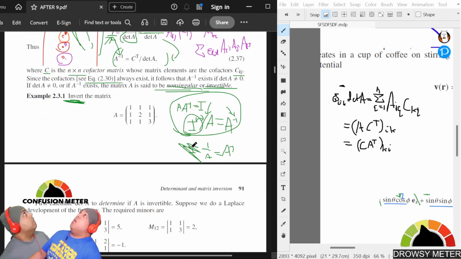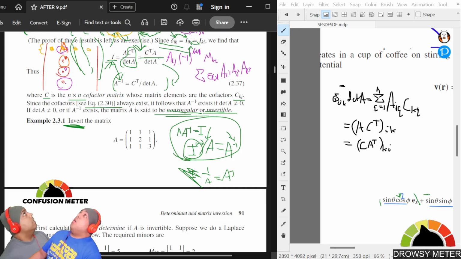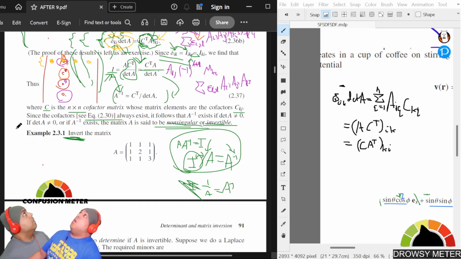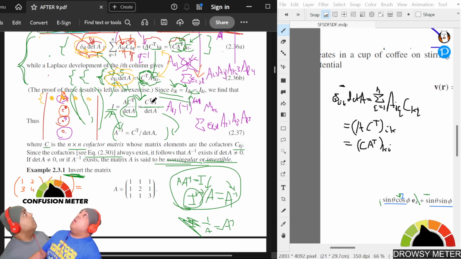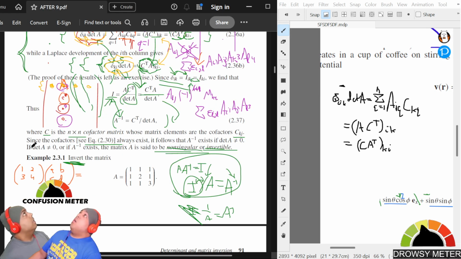Do I have space anywhere? I can do it, yeah. Alright, let's just make some really simple examples. Let's do 1, 2, 3, 4, and A, B, C, D. A C transpose, right?